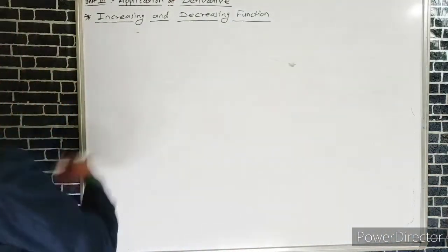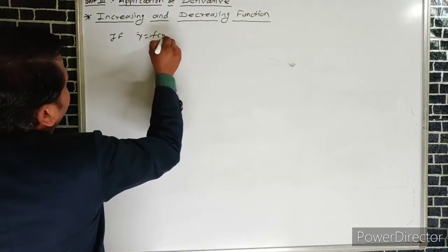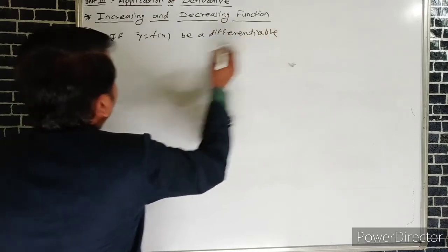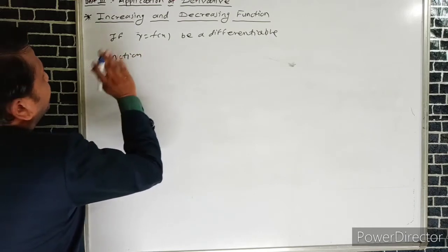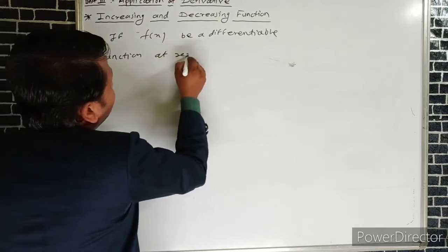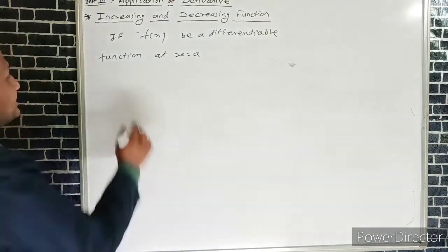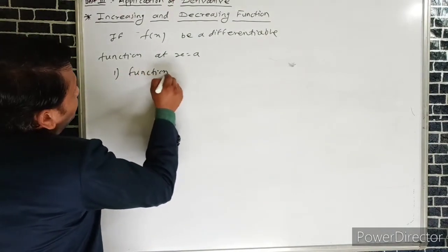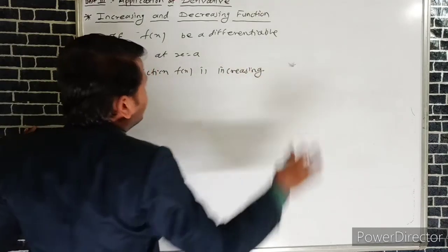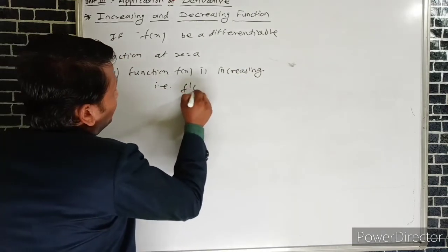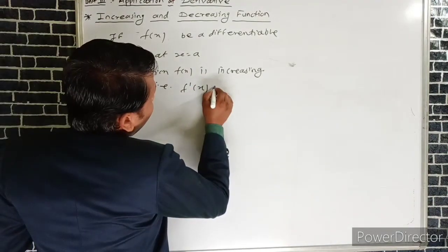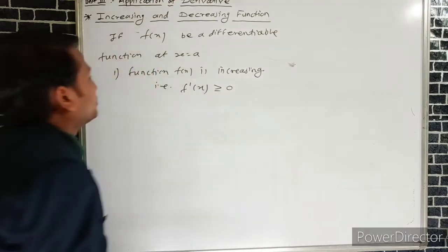If f of x is a differentiable function at x equals a, and the function f of x is increasing, then it satisfies the condition that the derivative f dash of x is greater than or equal to 0.